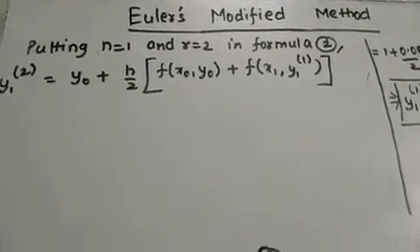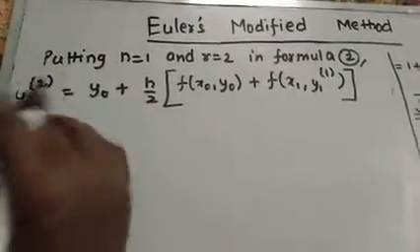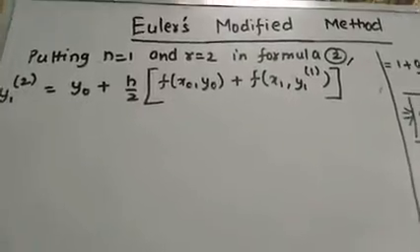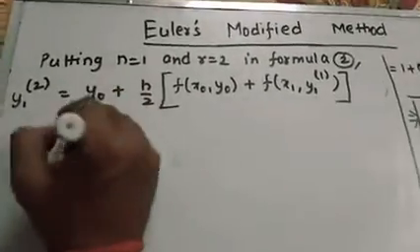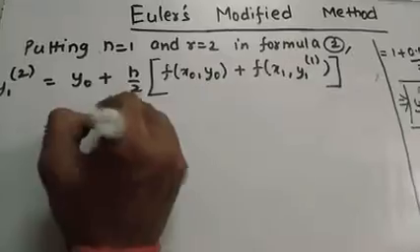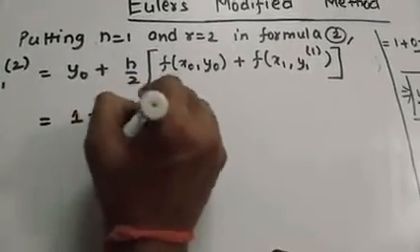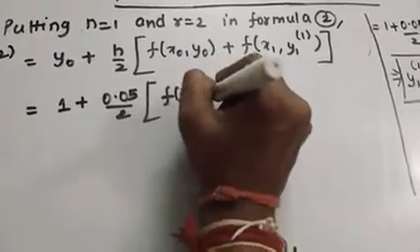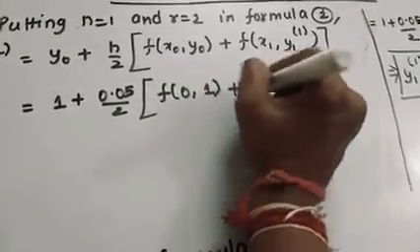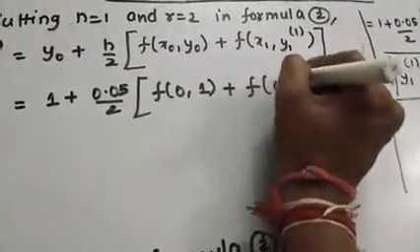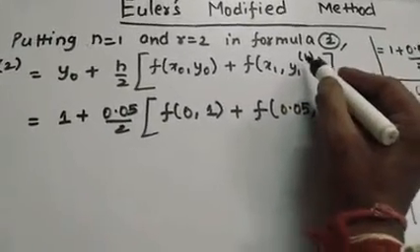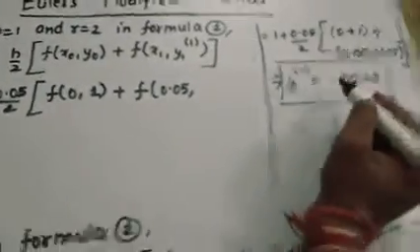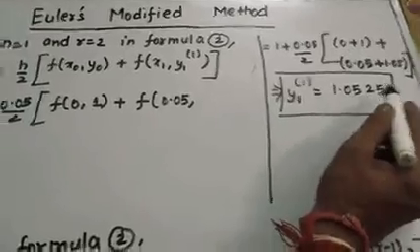Now let us put the values. There is nothing, just remembering the formula and putting the values, simple. y0 is given as 1, h is 0.05 divided by 2, f of x0 is 0, y0 is 1, x1 is 0.05, and y1 at stage 1 is 1.0525.